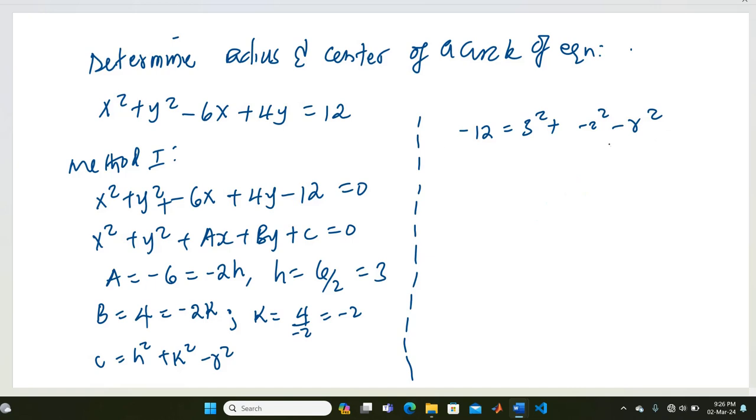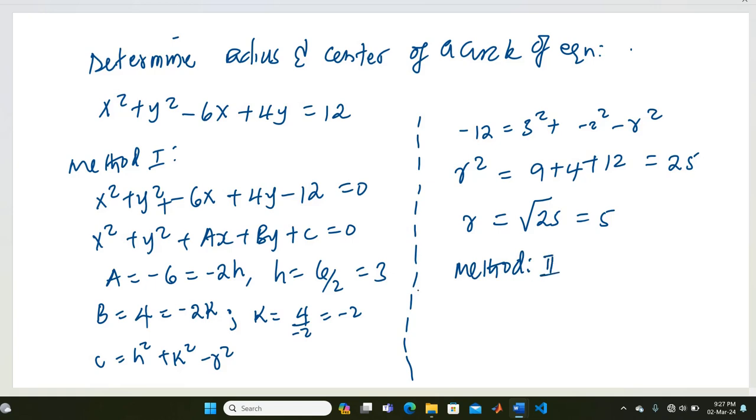I can bring my r this side and the 12 this side, so that I have r squared equal to 9 plus 4 plus 12. So this is 13 and this is 12, which gives you 25. So r is equal to the square root of 25, which is 5. For this case, we always take the positive side. Now that is method 1.